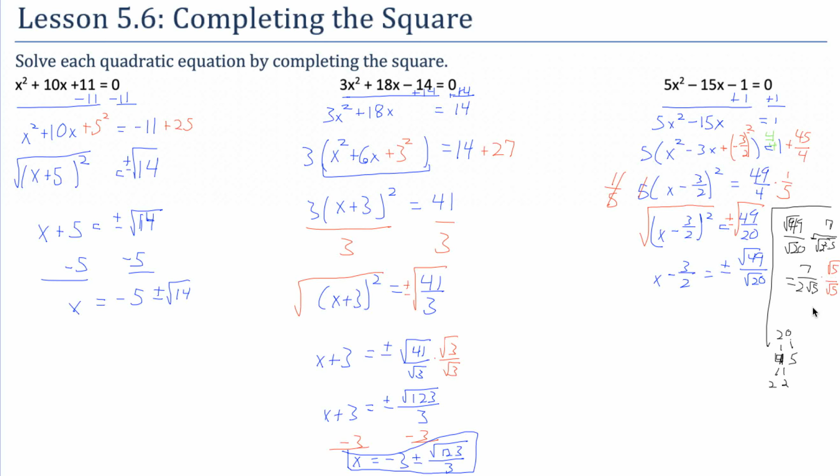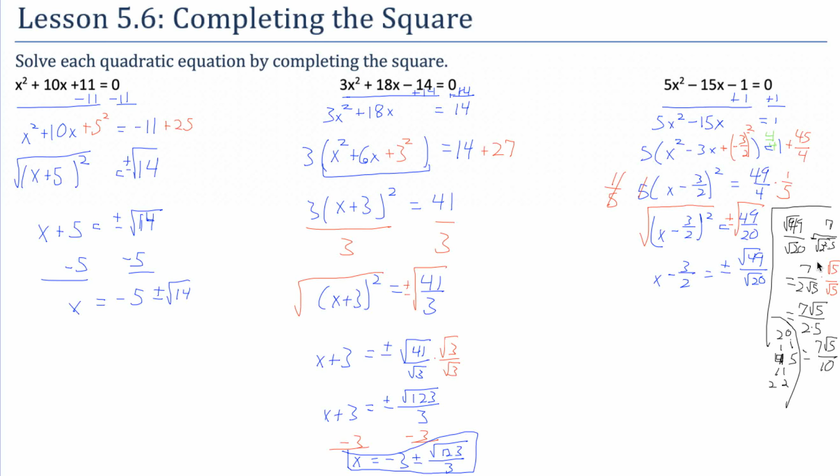Actually, not the simplified form yet. 2 times square root of 5 times square root of 5 is 10, so now we have 7 times root 5 over 10.